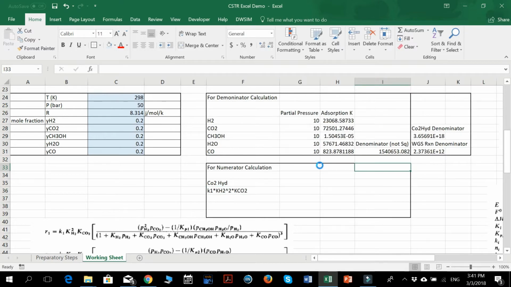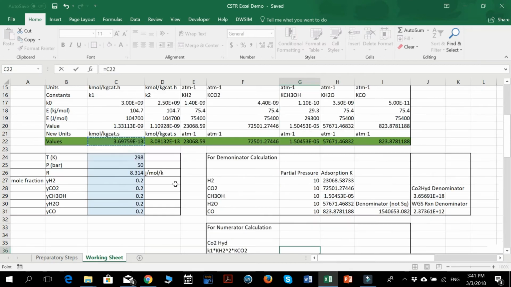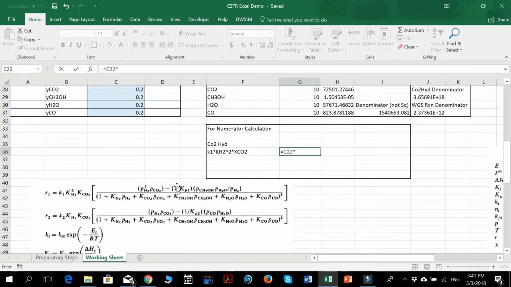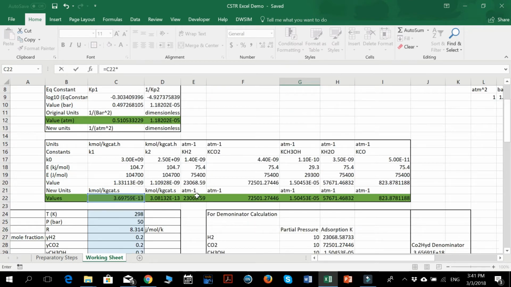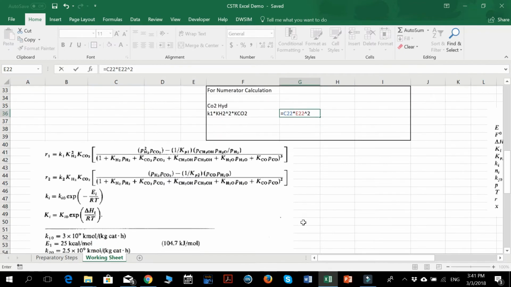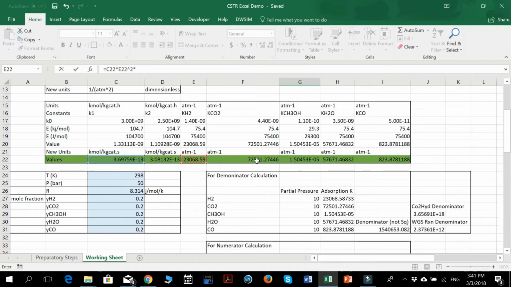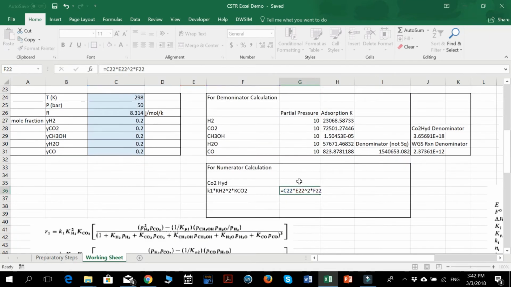So let's get exactly that. So let's have the K1 value, which is this, times KH2 squared, times KCO2, which is this. There you go.